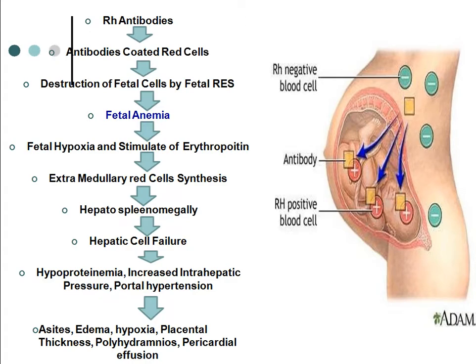Then they cause the destruction of the fetal cells by the fetal reticuloendothelial cells. So the reticuloendothelial cells are destroying these RBCs. This leads to fetal anemia. Fetal anemia, then what happens?